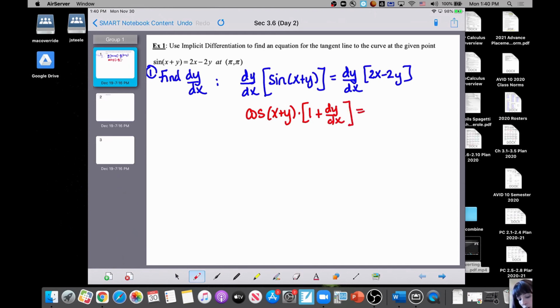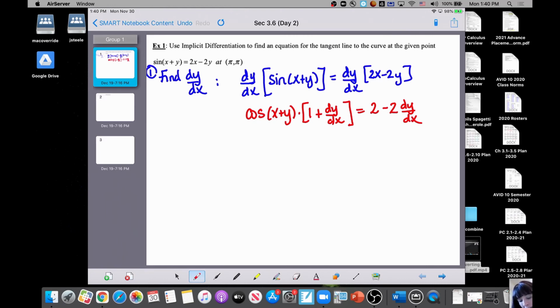On the other side of the equal sign, the derivative of 2x is 2. And the derivative of negative 2y is going to be negative 2 times dy/dx. Again, every time I have a term with y, I have to think chain rule. y is a function of x, so I always have to multiply by the derivative of y, which is dy/dx.